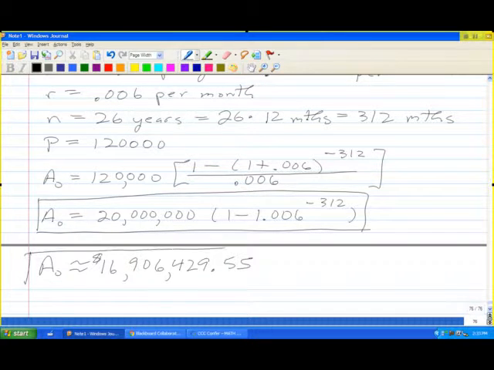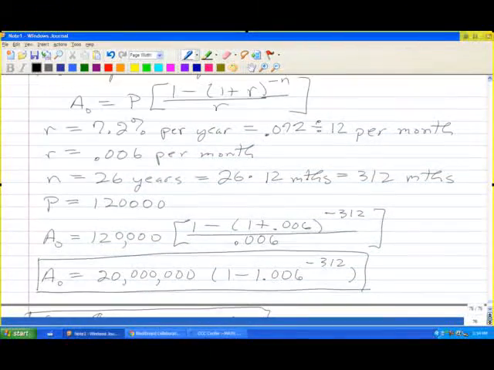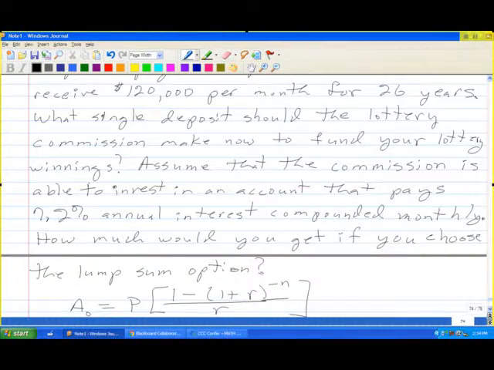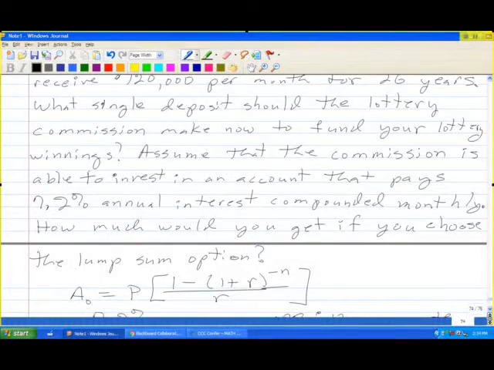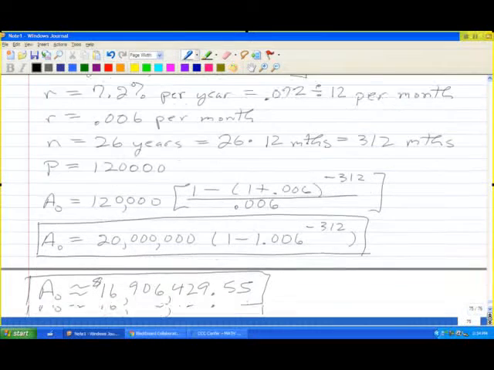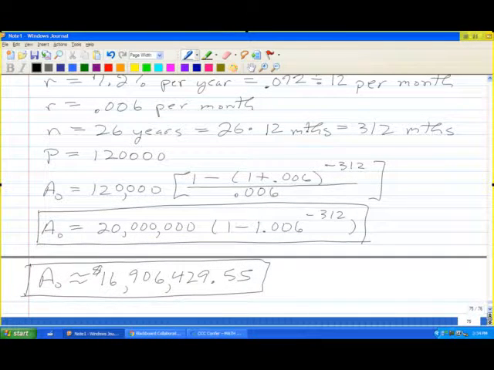And so $16,906,429.55 is how much they would initially need to invest. And actually, that's how they figure out the lump sum. The answer is how much do they need to invest in order to be able to take out $120,000 per month for 26 years without running out of money.